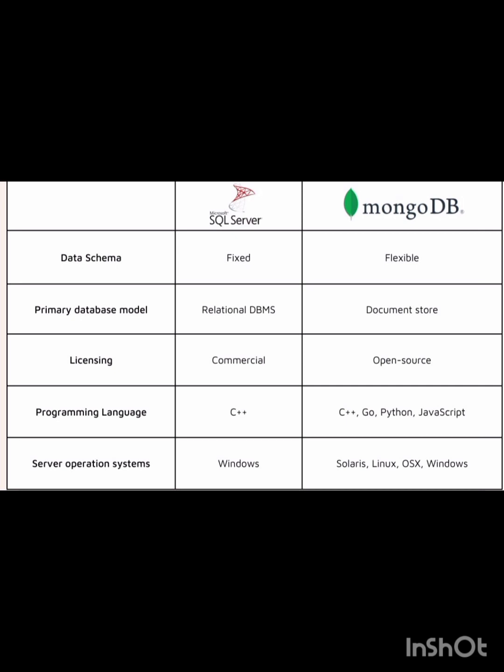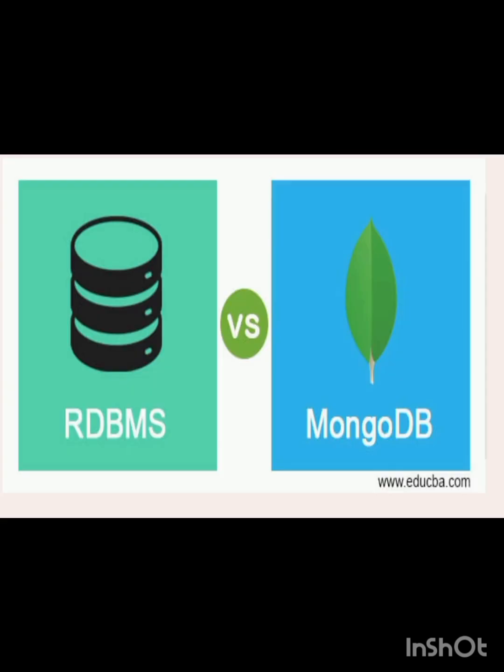The server operating system is Windows in SQL, whereas we use Solaris, Linux, OS X and Windows in MongoDB. So this is the overview of SQL vs MongoDB. Let us see the difference between RDBMS vs MongoDB in detail in the next slide.